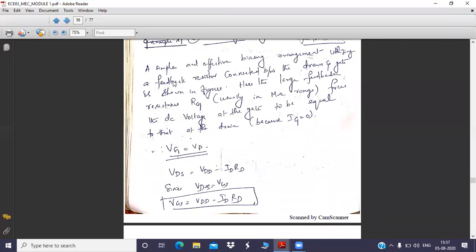Since IG is equal to 0, VG is equal to VD. Hope you have understood that. Because there is no potential difference, whatever voltage is available at the drain is the same as that of the gate.